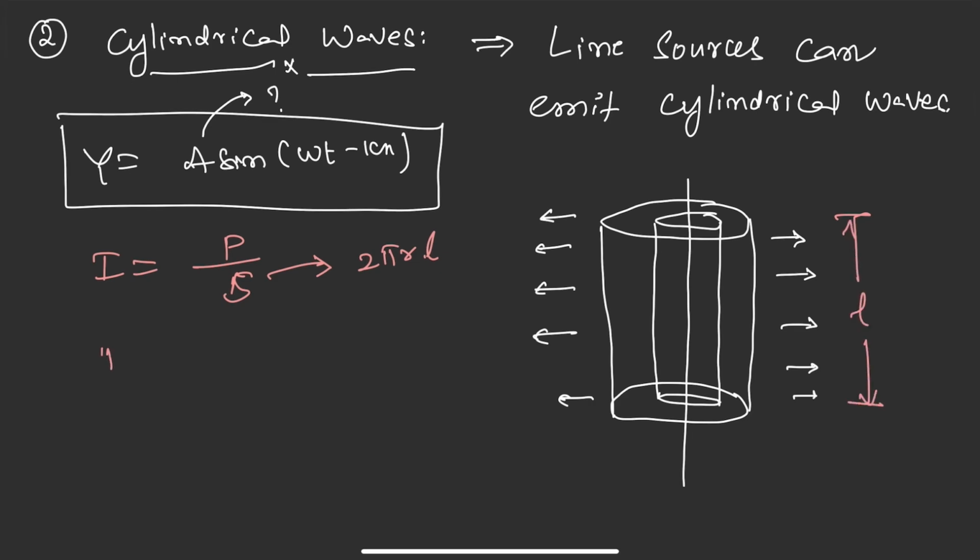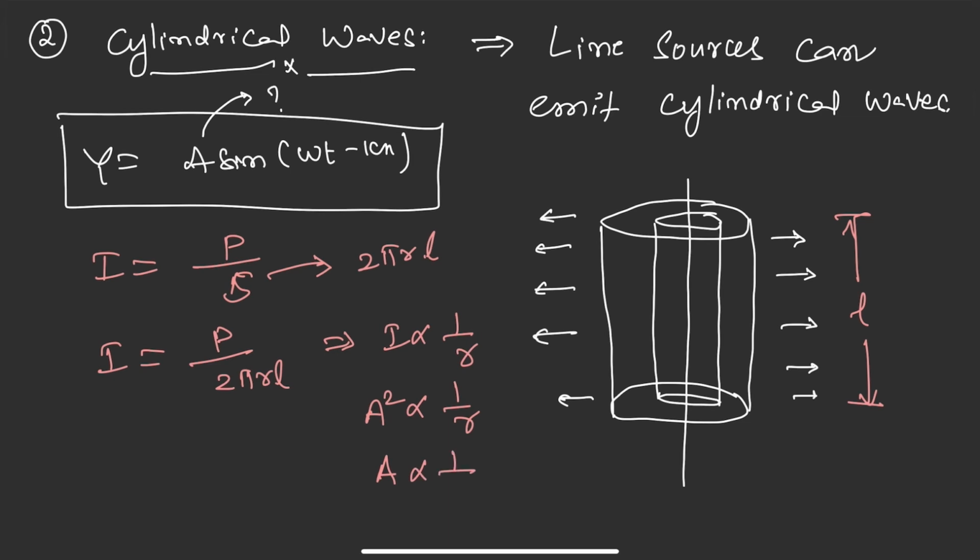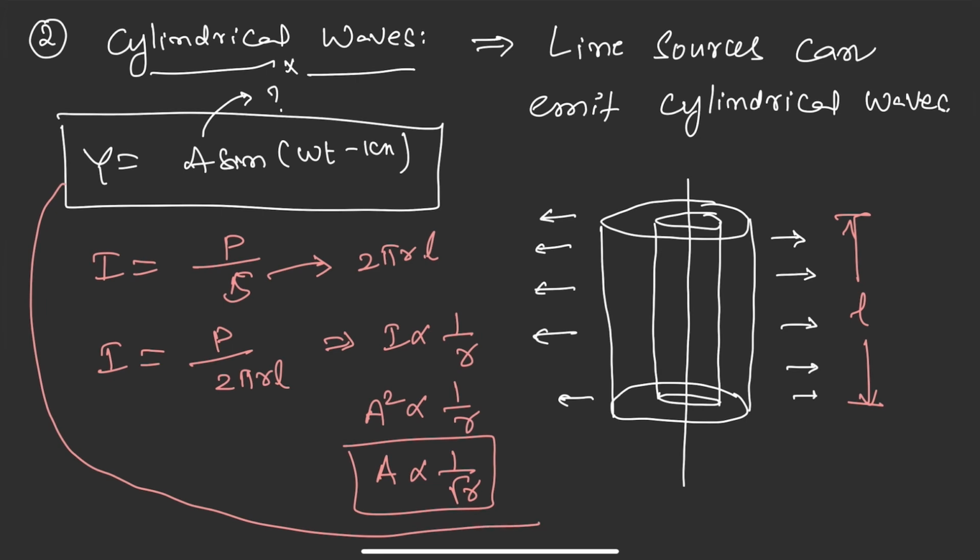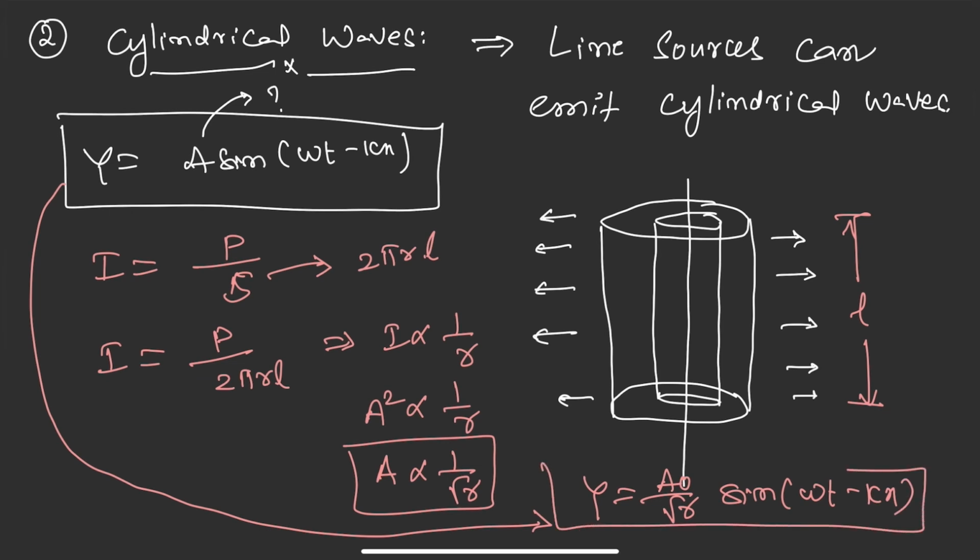So I is equal to P by 2 pi RL, and I is proportional to 1 by R. Amplitude square is proportional to 1 by R, so amplitude is proportional to 1 by root R. Now this equation can be written as y equals a naught by root R sine omega t minus kx, which is the displacement equation for cylindrical waves.